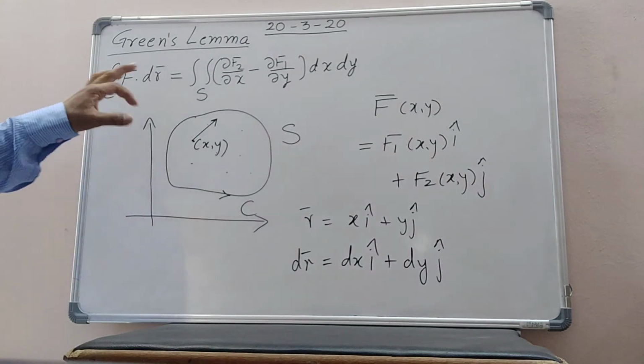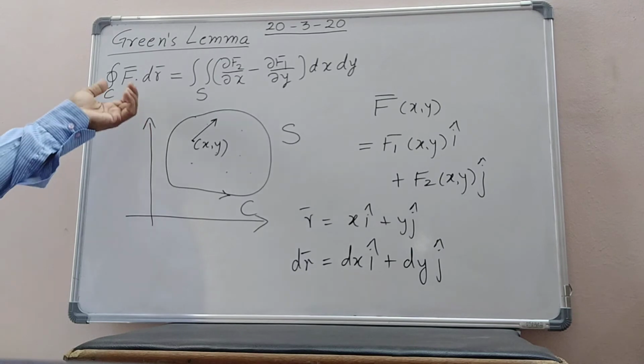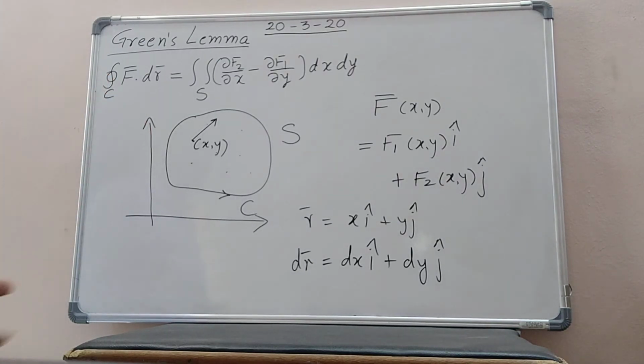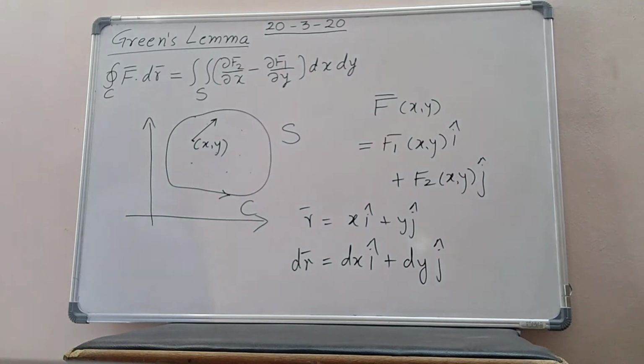Now if f bar is not force but some other quantity, for example if it is a velocity vector field, then in that case the left hand side cannot be interpreted as work, but it will be some other physical quantity. And similarly the right hand side will have a different interpretation. This kind of a statement obviously will not be true in general.